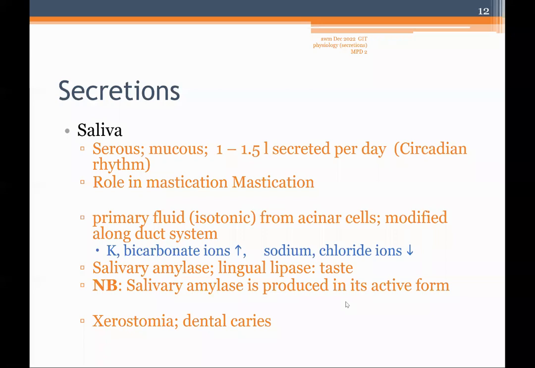It is not secreted at the same rate throughout the day because saliva secretion is influenced by the circadian rhythm. And in fact, the majority of the saliva is going to be secreted during eating, during mastication. Then you have higher rates of secretion when you're awake, and when you go to sleep, it diminishes.